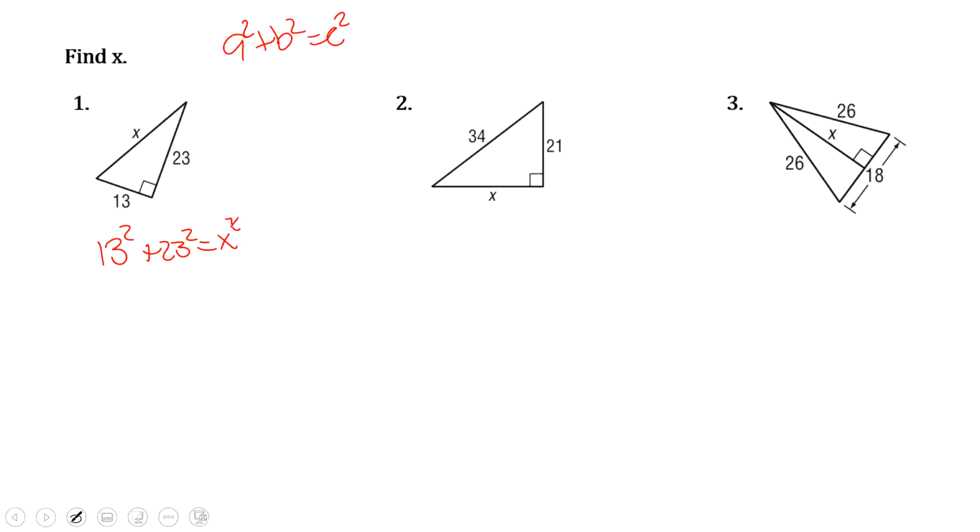Grab my calculator really quickly, plug those numbers in. 13 squared is 169. 23 squared is 529, so I get 169 plus 529 equals x squared.